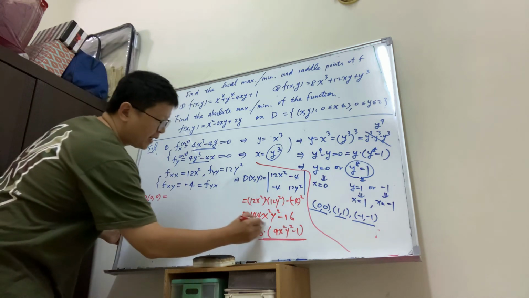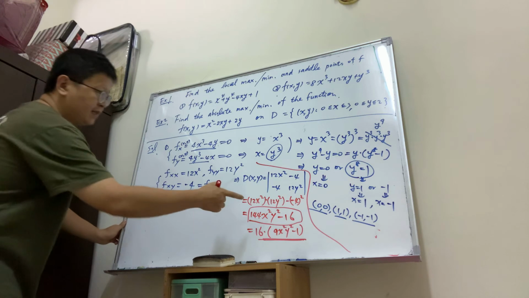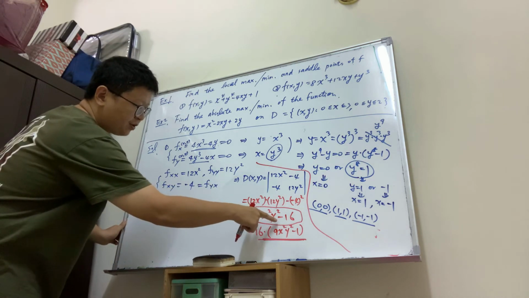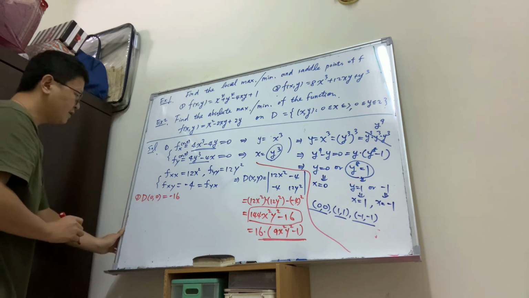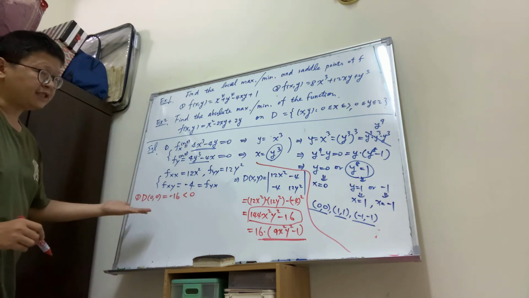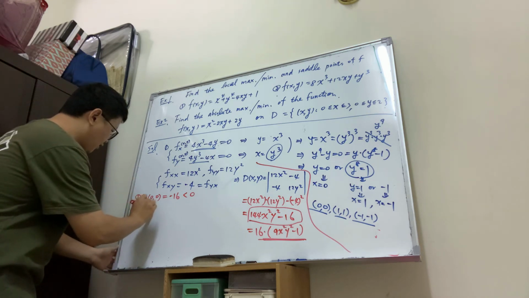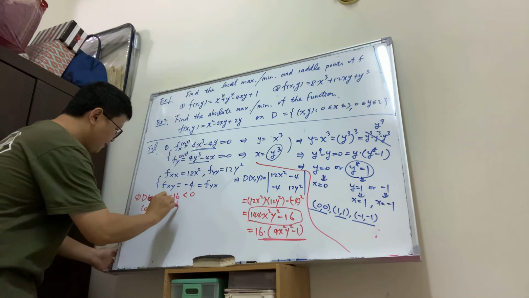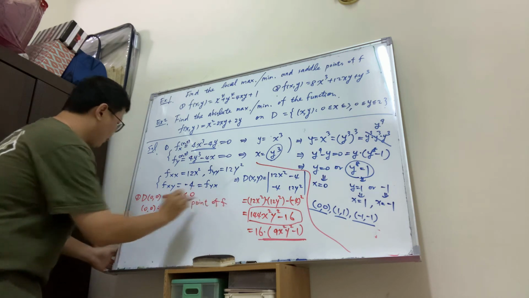Otherwise, you could plug in the other form, it's also fine. Plug in the (0, 0) value, and you get negative 16. So negative 16 is less than 0. If the determinant is less than 0, then it's a saddle point. So (0, 0) is a saddle point of f.